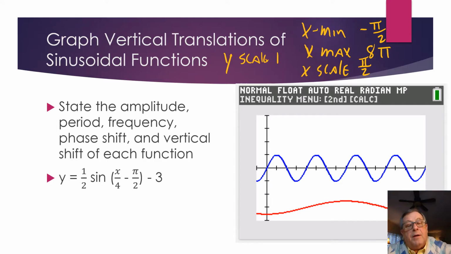Because my B value, I should say, excuse me, is just 1 over 4. And when we get to looking at the period, we'll see how that affects that. So I used an x minimum of -pi over 2, an x max of 8 pi, and I used a y scale of pi over 2. So each tick mark there along the horizontal axis is pi over 2.